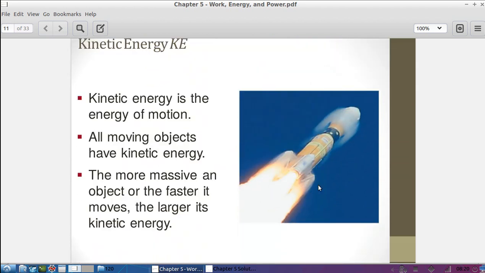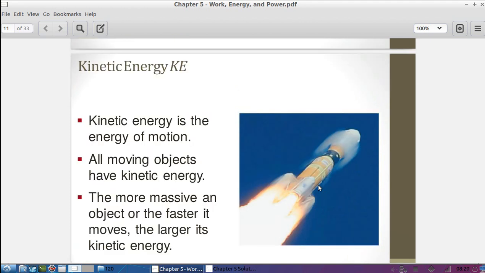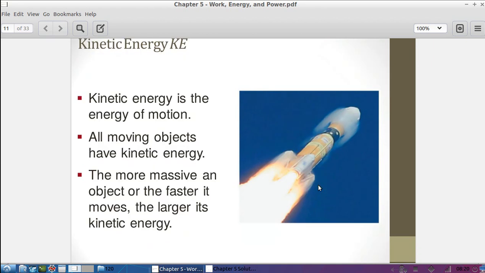So let's talk about a certain type of energy. There are many different forms of energy. We're going to focus on two in this course. First one is kinetic energy. That's the energy concerned with an object that's moving. If an object's moving, it's got kinetic energy. It's also dependent upon the mass.